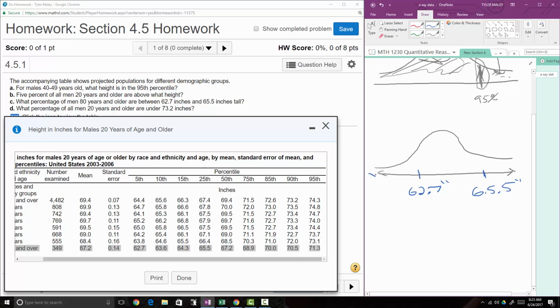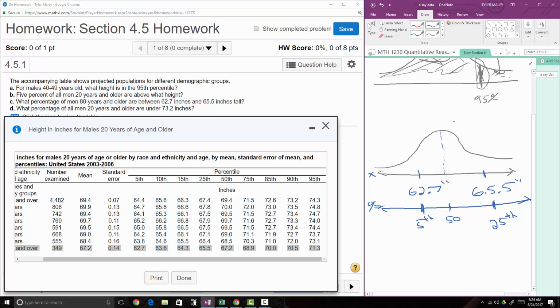So these are my x values. I can come down here with another axis for my percentiles. Right in the middle will be the 50th percentile if it's normally distributed. We need to find these heights. 62.7 matches up with the 5th percentile, and 65.5 matches up with the 25th.